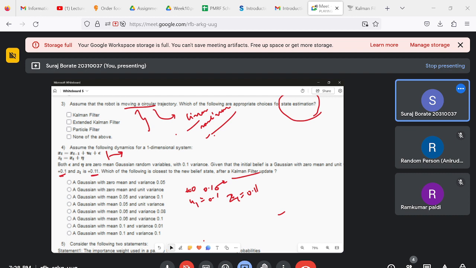Once we calculate the importance weights and have a list of importance weights, then during the resampling step we will again get m particles. We will choose m particles among the earlier m particles. So some particles will be repeated. Why?